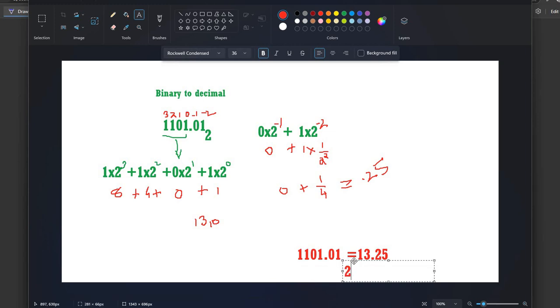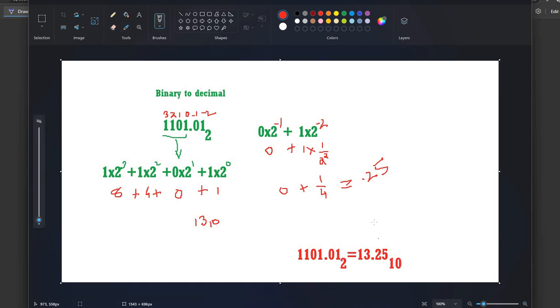So here the base will be 2 and for this the base will be 10. Okay, so this is the answer. So this is how you can convert any binary number into a decimal number.